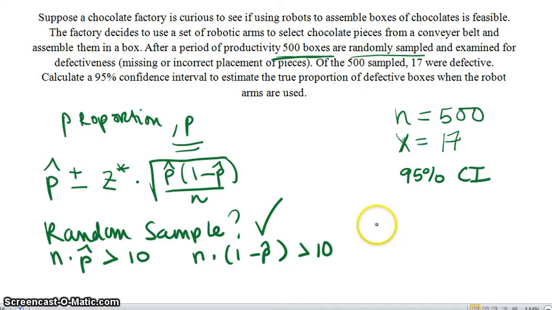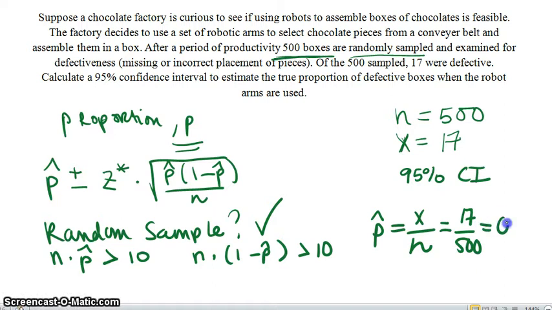Before we do these calculations, let's calculate p hat really quickly. P hat is simply X, the number of successes, over the total sample size, which is 17 out of 500 that are defective, and that comes out to be 0.034. So that's our proportion.